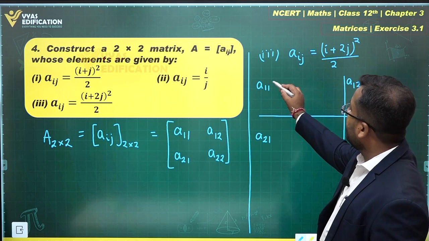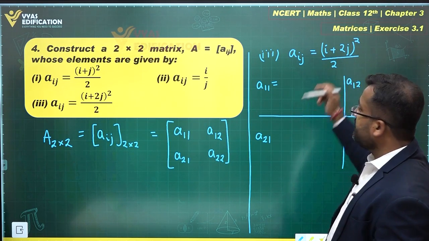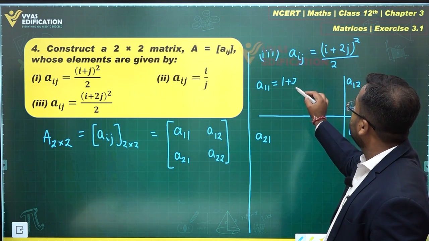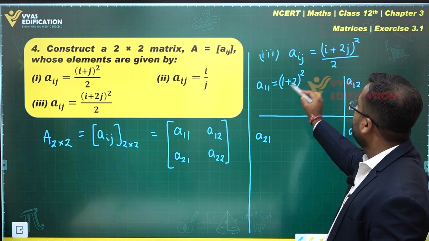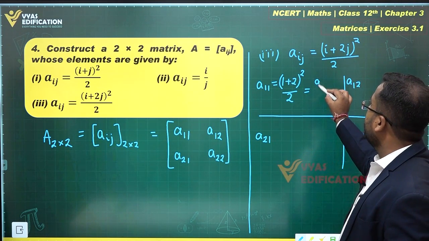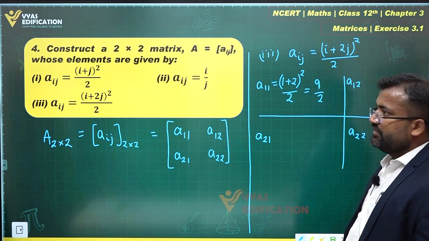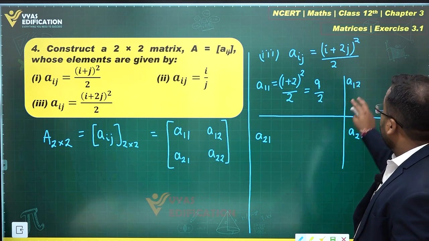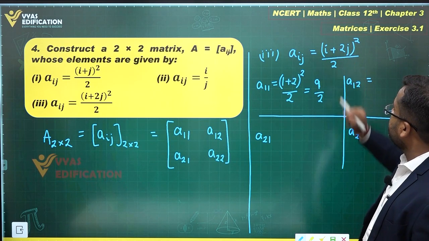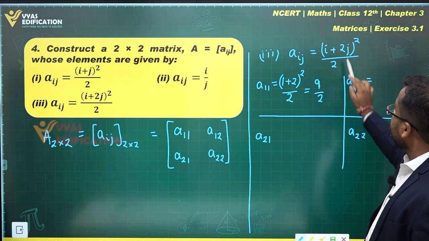What about A11? A11 would be equal to (1 plus 2 times 1) whole square divided by 2. What is that? This is 3 square, which is actually 9, divided by 2. What about A12? A12 is equal to (1 plus 2 times 2) whole square divided by 2, where i is equal to 1, j is equal to 2.